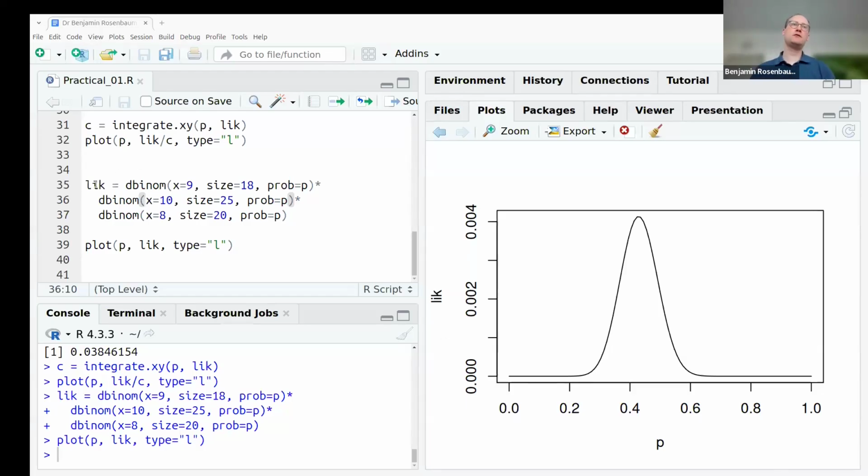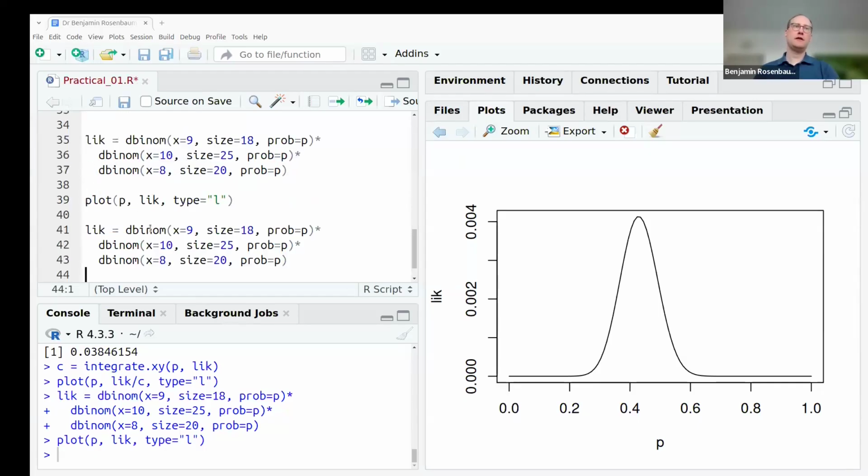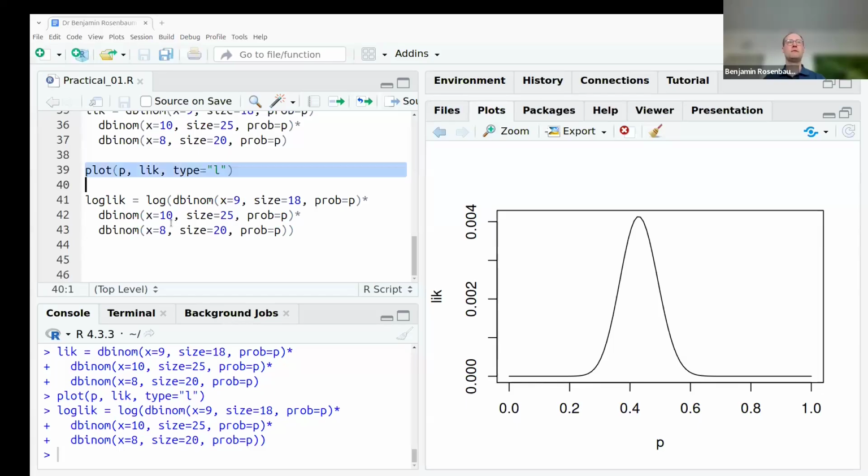And therefore, usually you do not use the likelihood function, but the log likelihood function, which makes things easier. So if I call this log likelihood now, I can just put in the log around all of this, right? So I compute the log of all of this. And again, I make a plot.